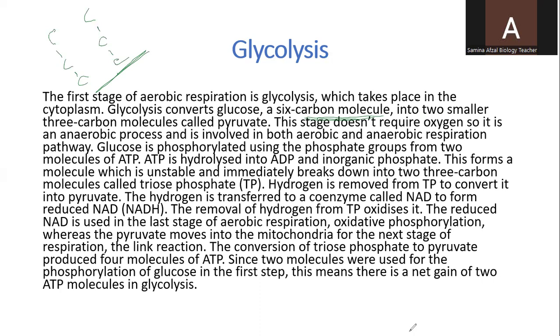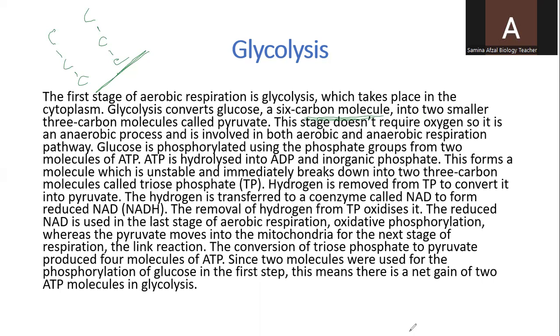Glucose is phosphorylated using the phosphate groups of two molecules of ATP. So in the first stage of glycolysis, first of all, two ATP molecules are used up. ATP is hydrolyzed into ADP, as one phosphate group is removed from it.